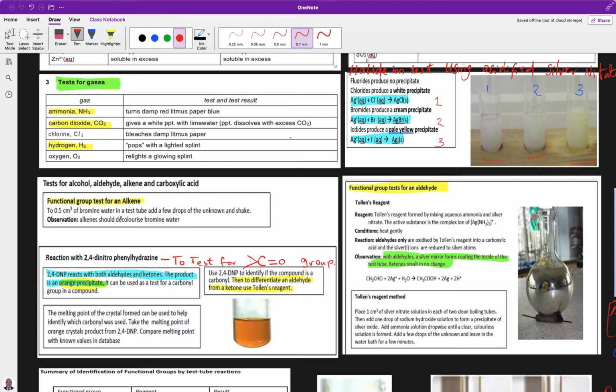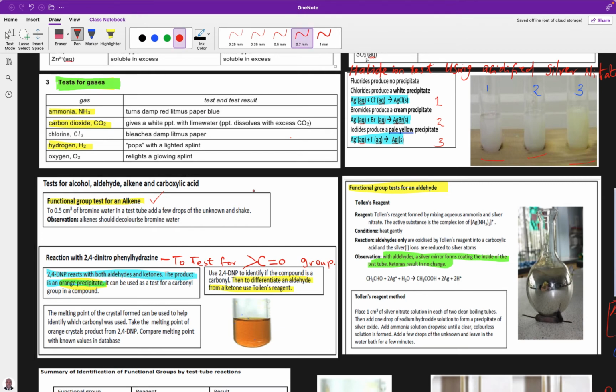The test for alkanes: the reagent we use is bromine water. Let's say we have test tube 1, test tube 2 and test tube 3.